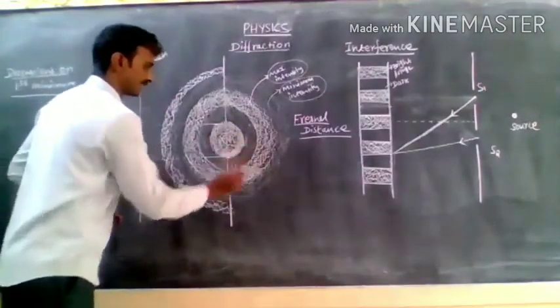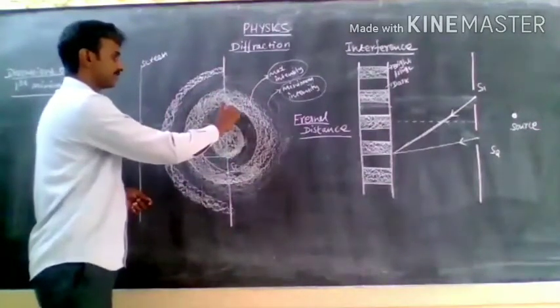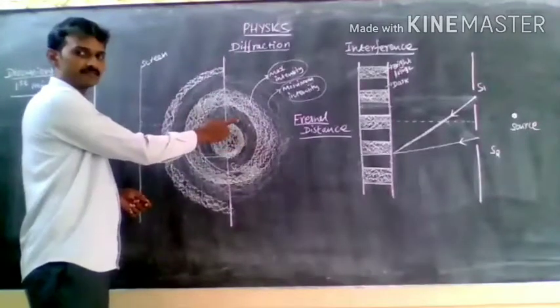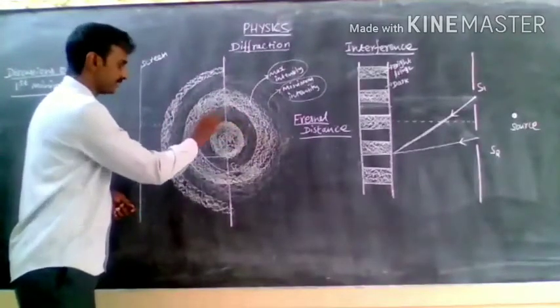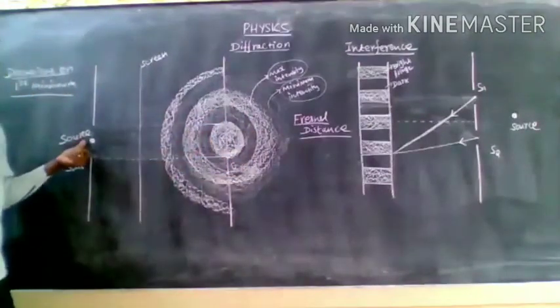Bright spot means more intensity. Next, we get a region of minimum intensity. It is not a dark spot. It is a minimum intensity, equal to half of the intensity of the source.